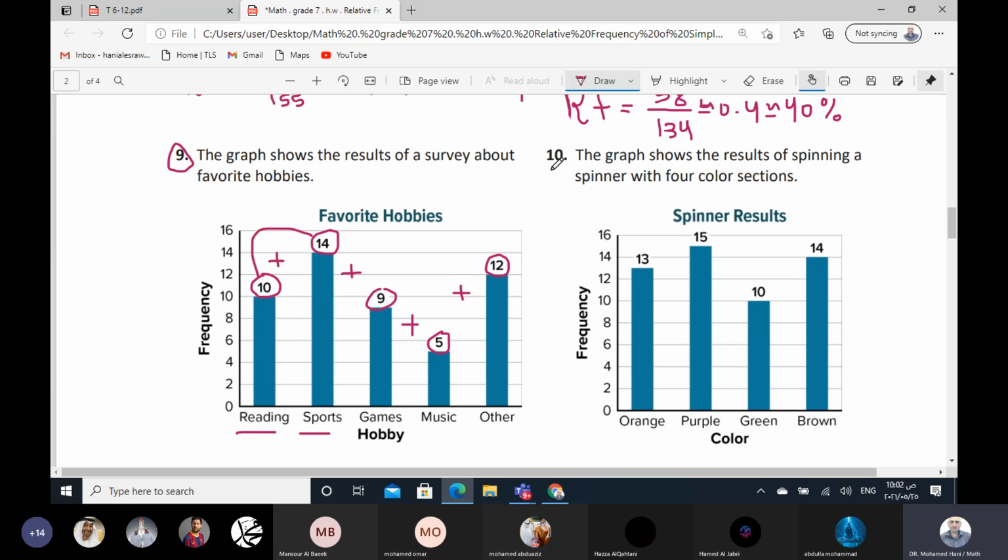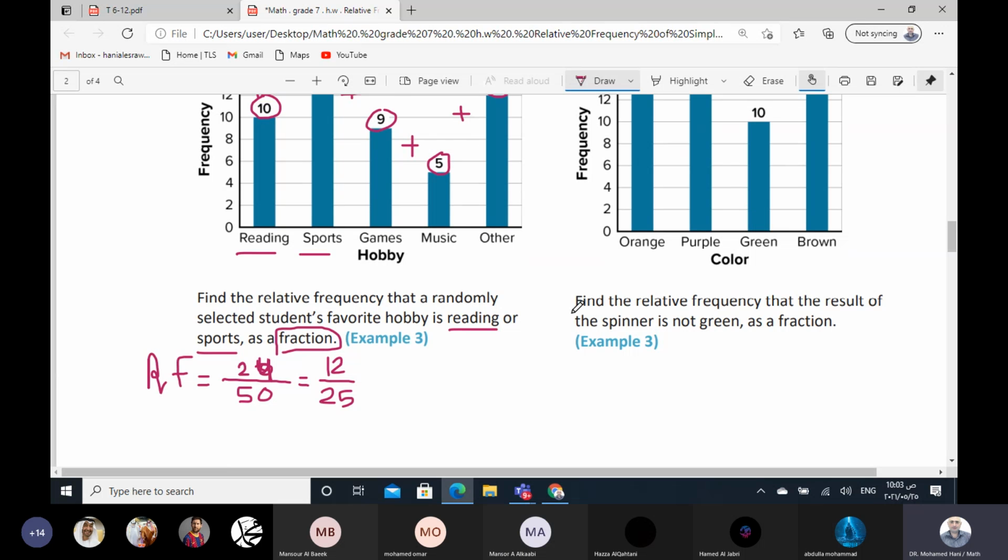Okay. Who carried exercise number 10? Mansoor Ali, can you read please? The graph shows the record of spinning a spinner with 4 colors.